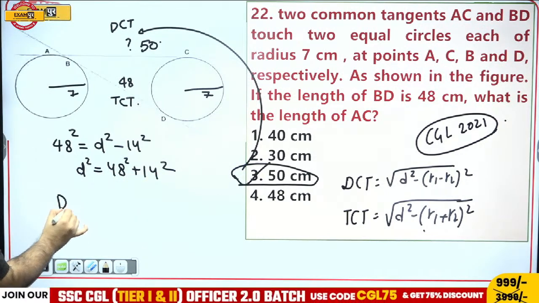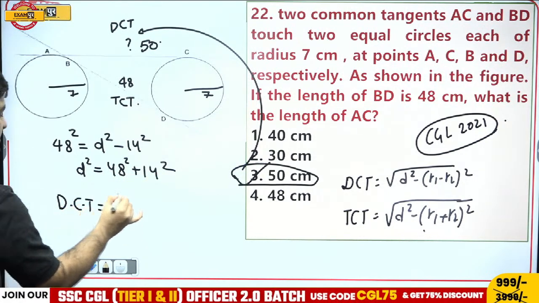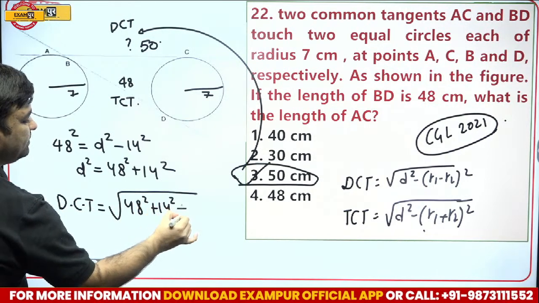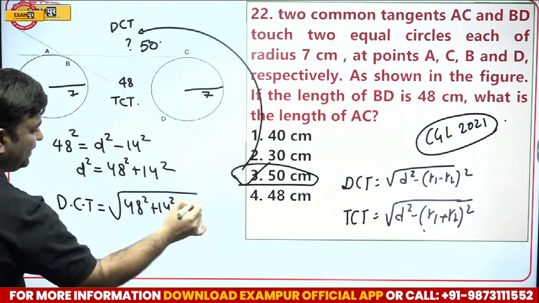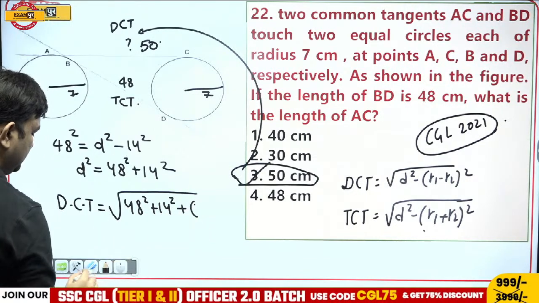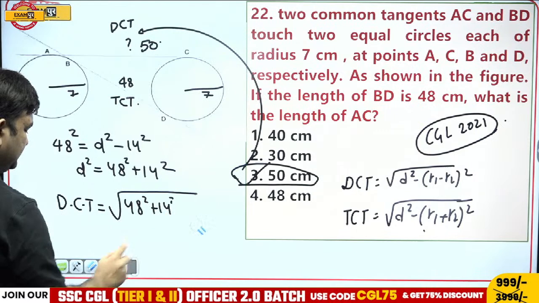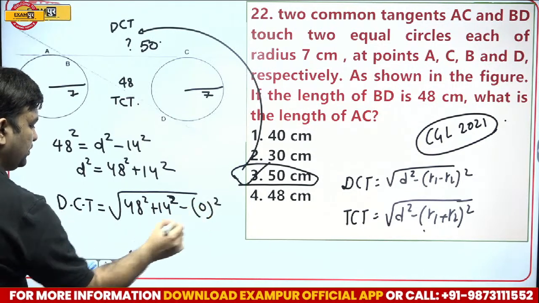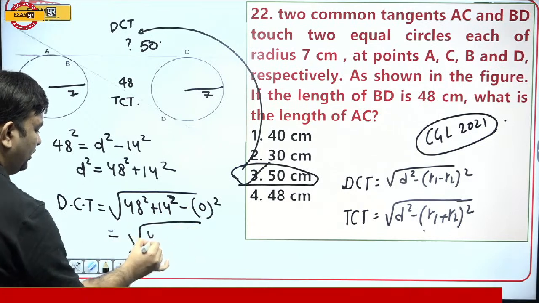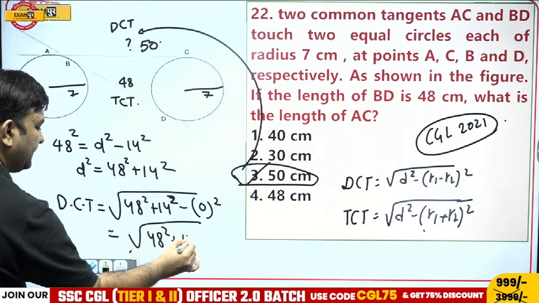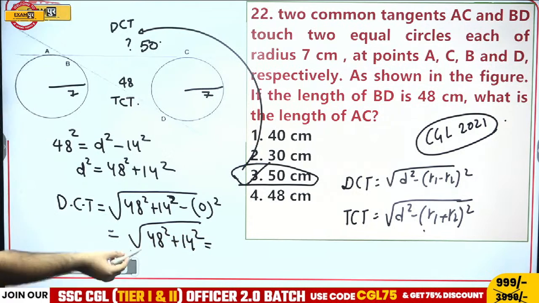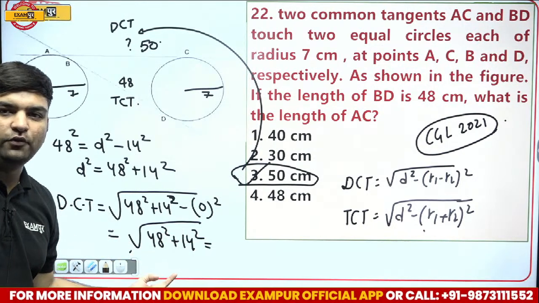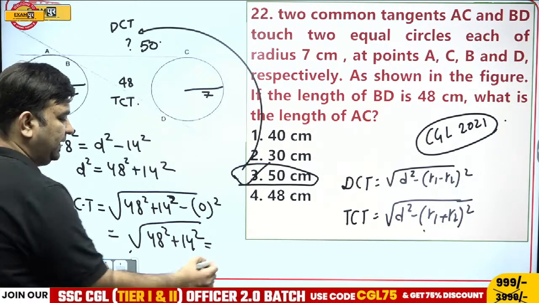When you find DCT, it's 48 squared plus 14 squared minus (R1 minus R2, 7 minus 7, which is 0) squared. So ultimately 48 squared plus 14 squared, which is a triplet of 7, 24, 25: 14, 48, 50.